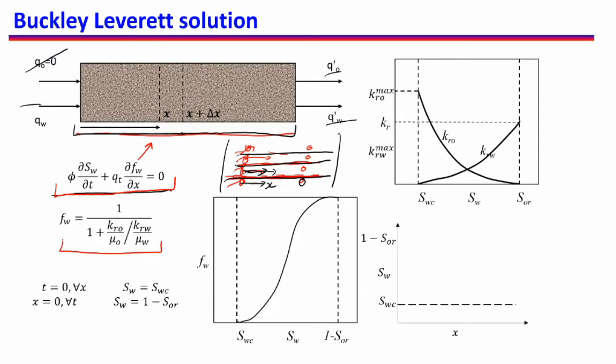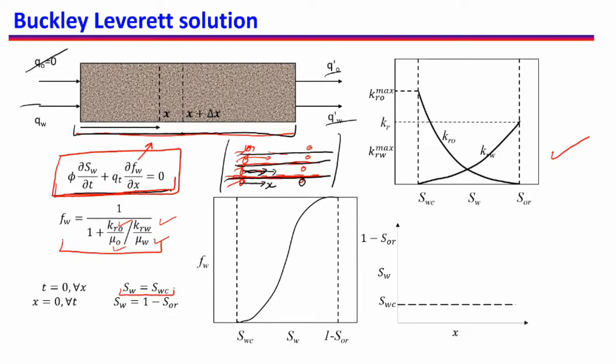So Fw is dependent on Kro, mu o, Krw and mu w, and Kro and Krw, as we have discussed in our previous video, are only a function of Sw. So this whole equation has the single variable Sw. Now coming to the boundary conditions or initial conditions. Initially in a reservoir we have connate water saturation.